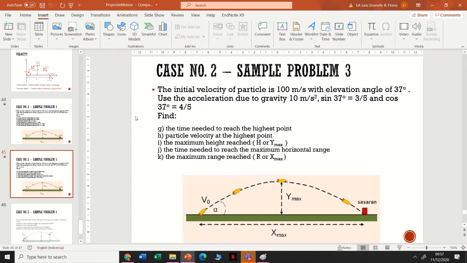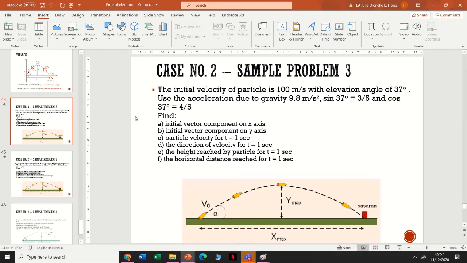Now, as we mentioned last time, there are two ways in which you can solve for the time. The time it would take this projectile to reach the maximum height is also equal in terms of the vertical dimension and the horizontal dimension.